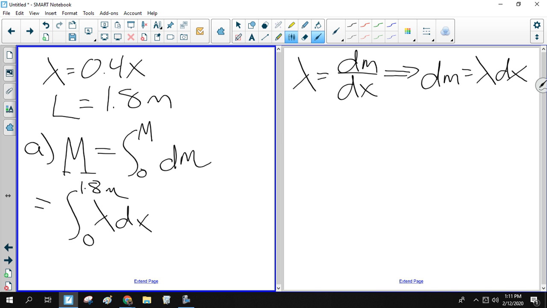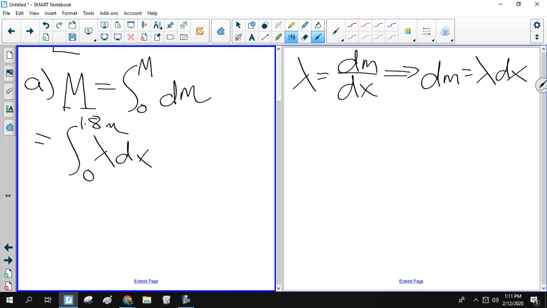Yeah, you can call that L. L and 1.8 are the same thing. All right, so now I can substitute, I know what lambda is, right? So this is the integral between 0 and 1.8 of 0.4x dx. Take your integral and you're done.